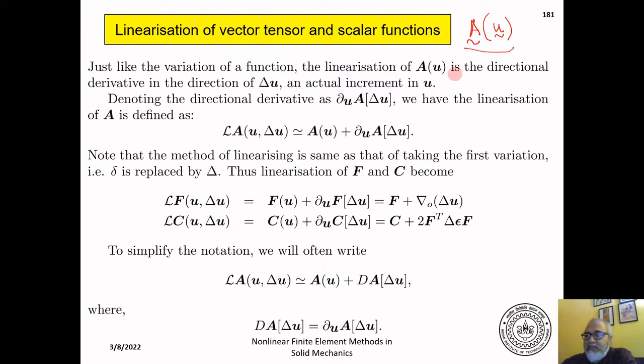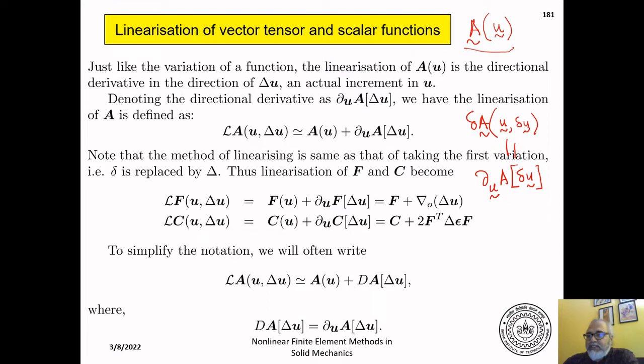So, the first variation of A was denoted by delta A, which is a function of u and delta u, and it was defined as the directional derivative with respect to u of A in the direction of delta u, where delta u was a virtual displacement, a first variation in u, which we could picture as an error that we have made in u or a small perturbation in u.